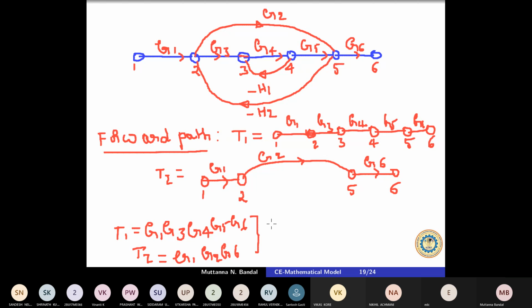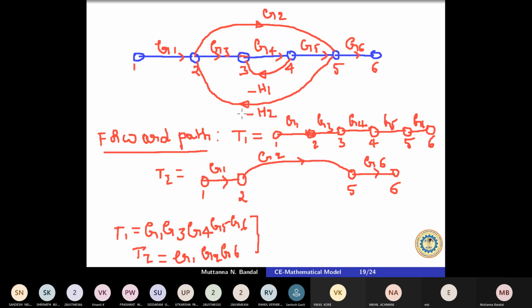So it is one loop. And the second loop, 2 to 5, 5 to 2. And the third loop is 3 to 4, 4 to 3. So there are 3 loops here.